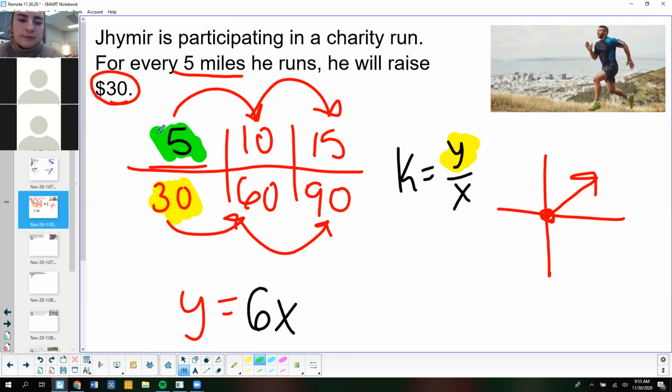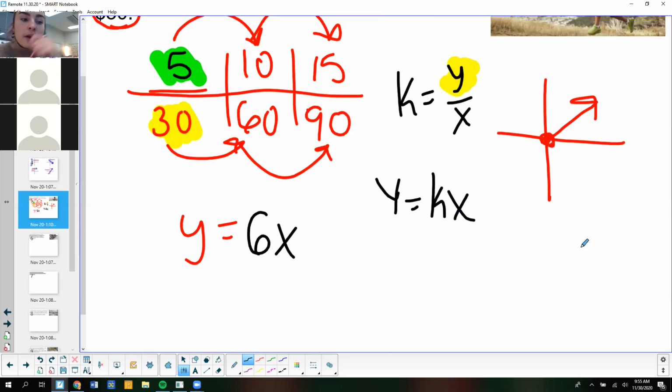So 30 divided by 5 gives you 6. Our constant of proportionality would be 6. Whenever we write equations for proportional relationships, we write them as y equals kx. Whenever we write equations for non-proportional relationships, we write them as y equals mx plus b.